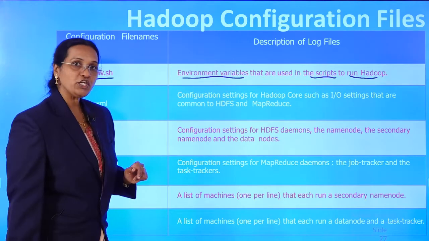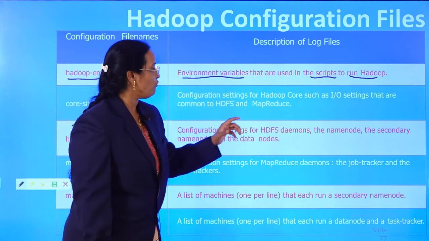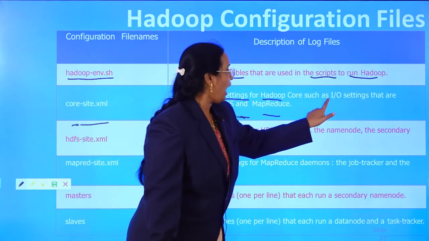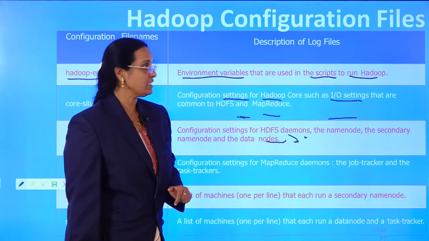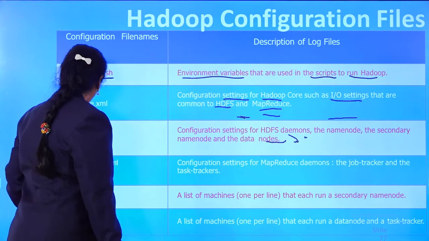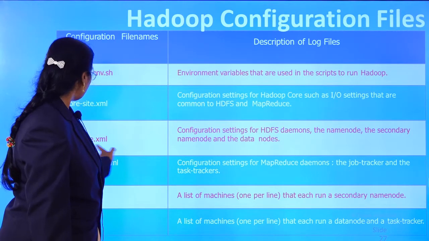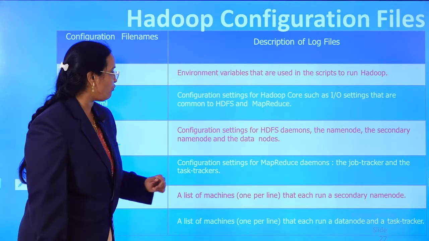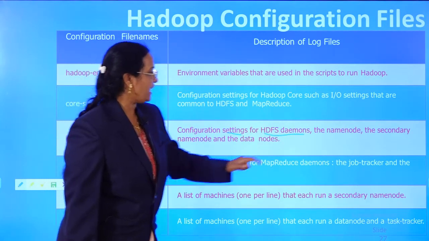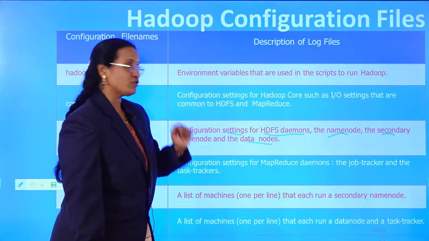With respect to the core-site.xml file, what does it consist of? It consists of settings for Hadoop such as IO settings, which are common to HDFS as well as MapReduce. The hdfs-site.xml file consists of settings for HDFS daemons such as name node, secondary name node and data nodes.